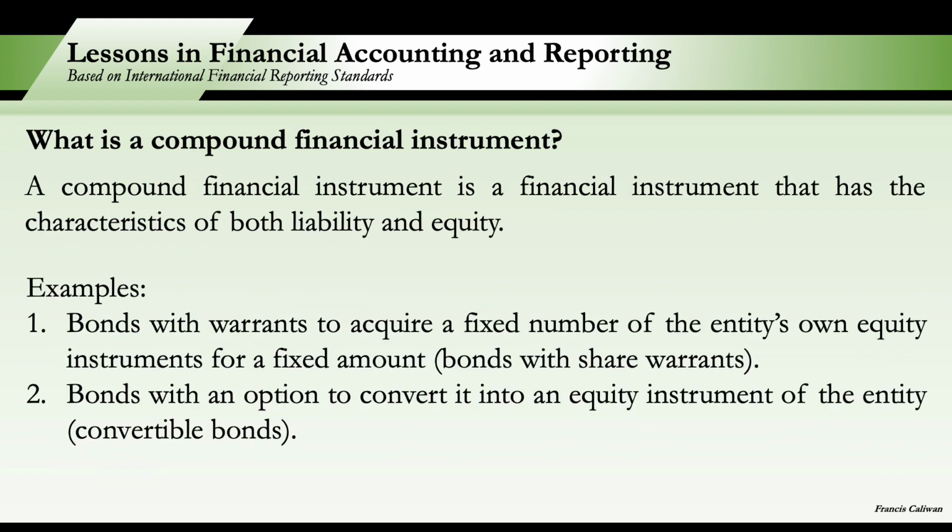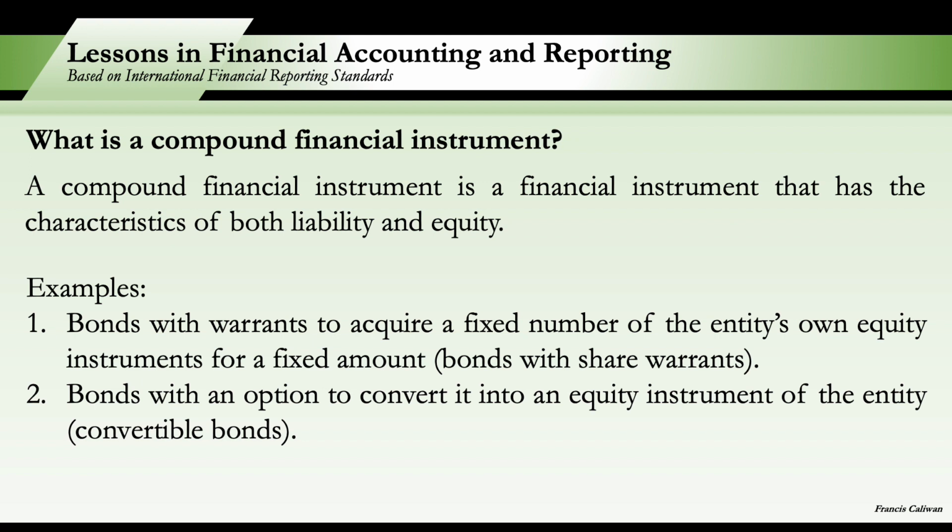Okay, so what is now a compound financial instrument? A compound financial instrument is a financial instrument that has the characteristics of both liability and equity. So, from the perspective of the issuing corporation or the issuer, such an instrument comprises two components.